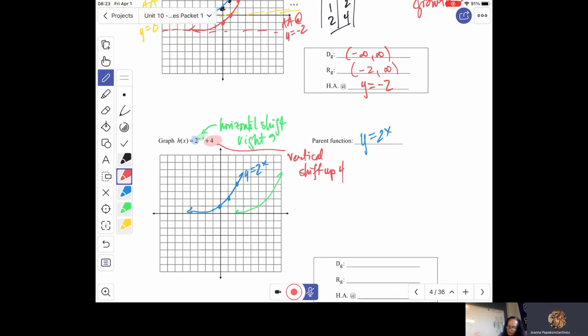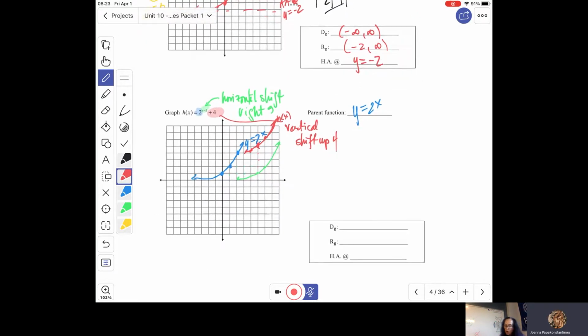So now I can take each of these points if I wanted to. 1, 2, 3, 4. 1, 2, 3, 4. And there's my image, h of x. Or I could have just started with the parent and done it all at once, right? But this shows you how to arrive at that.